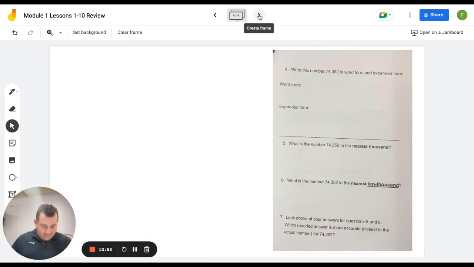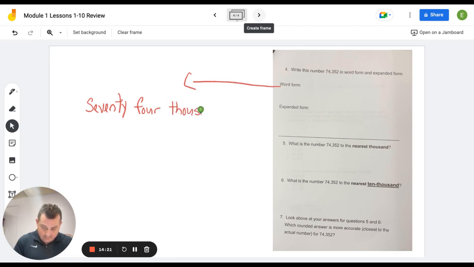The last page of the review, write this number, 74,352. Write it in word form and expanded form. Okay, so if I'm writing that number in word form, I'm going to take my word form here and just write it in words. 74,000.